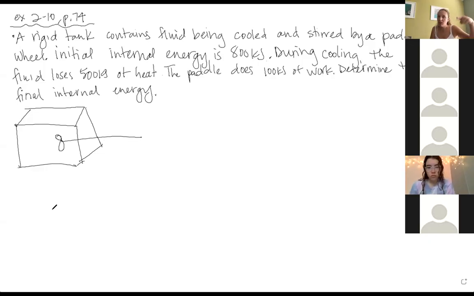So some sort of stirring device in this hot tank. The fluid inside has a starting internal energy of 800 kilojoules. And we're looking for the final internal energy. So you can either write U sub i and U sub f, or U sub 1 and U sub 2, whichever nomenclature you prefer.